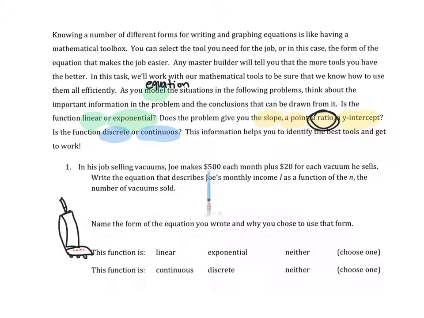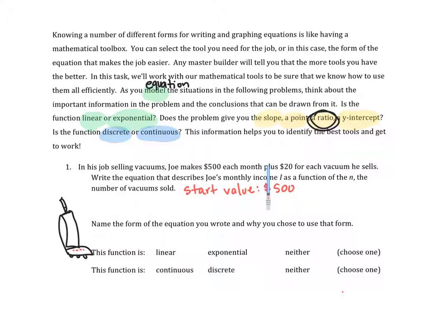So what is the $500? If we're looking at just monthly income, he gets that no matter what, right? So that is going to be our starting value. I'm going to say start value is $500.